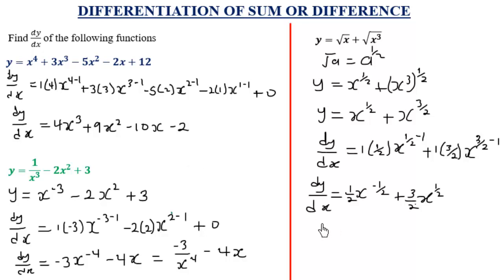But you can go ahead to show your power in indices. So dy dx. Now this half x to the power negative half can also be written as 1 over 2 x to the power half, plus 3x to the power half over 2.